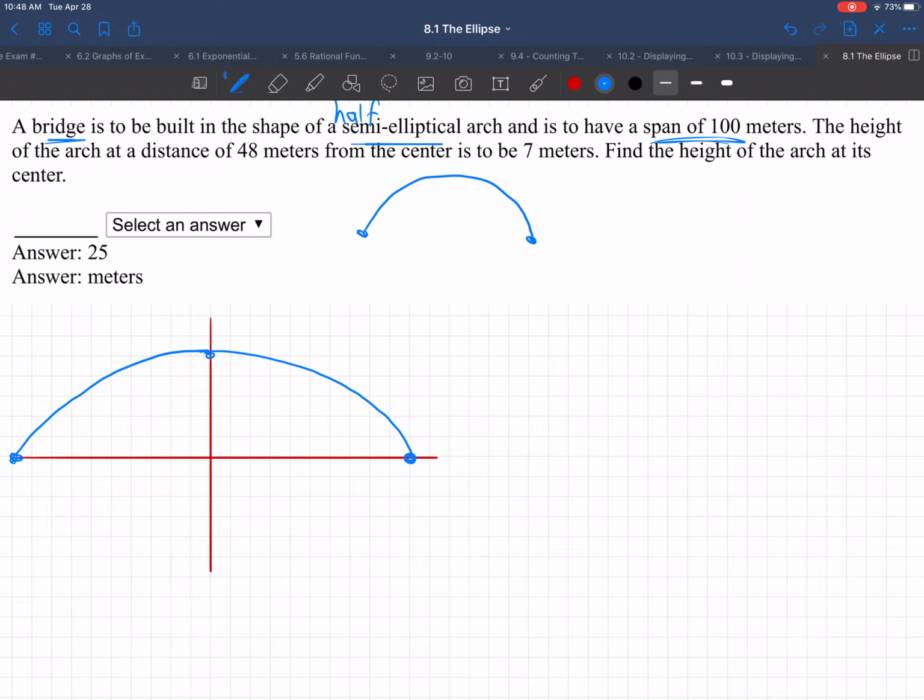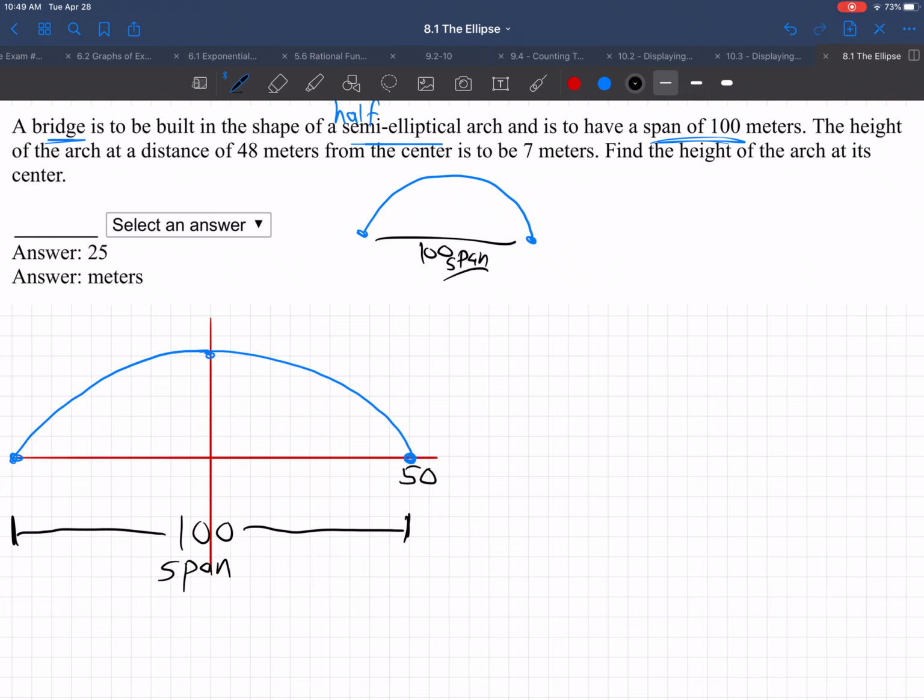From there to there, that's the span, right? The width of the bridge, the span. It's 100 from edge to edge. Okay, so that means this is over 50 and this is back 50, isn't it? If it's 100 all the way across.